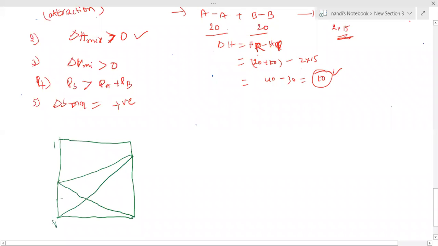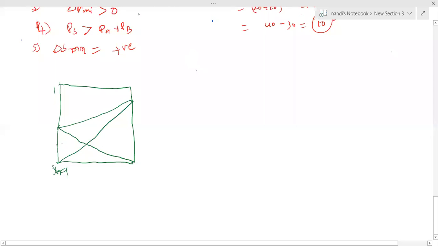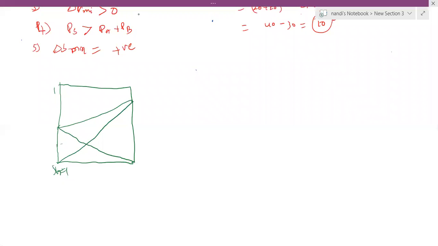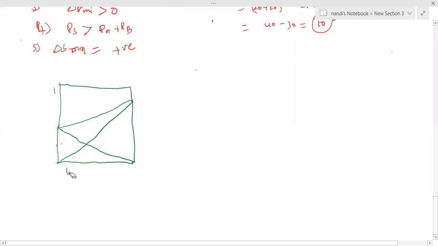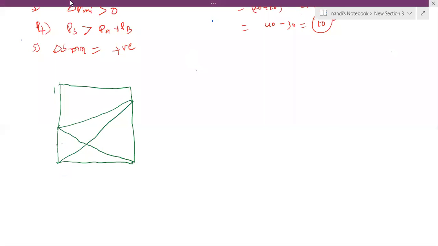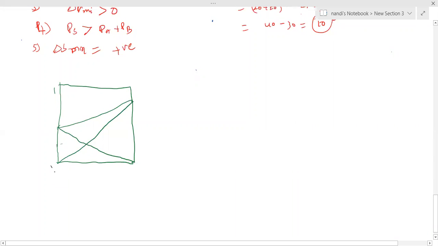This is X A equal to 1, X A equal to 0, X B equal to 0, X B equal to 1.